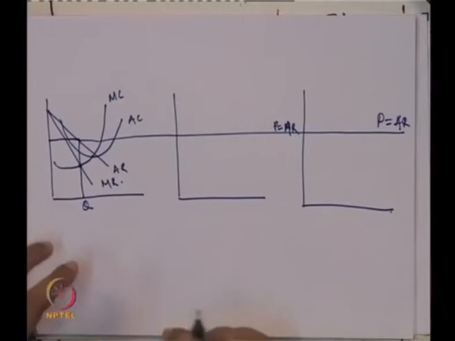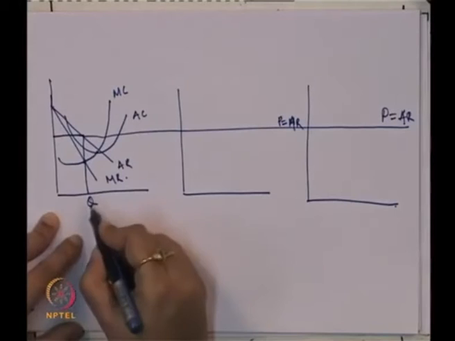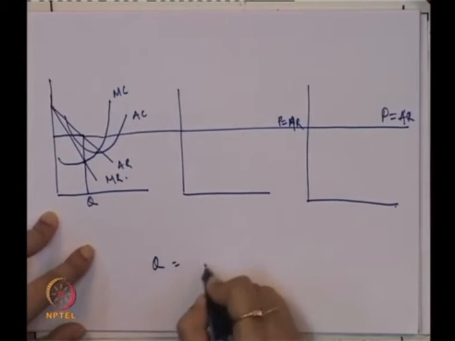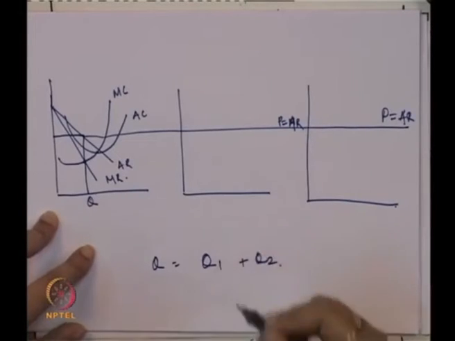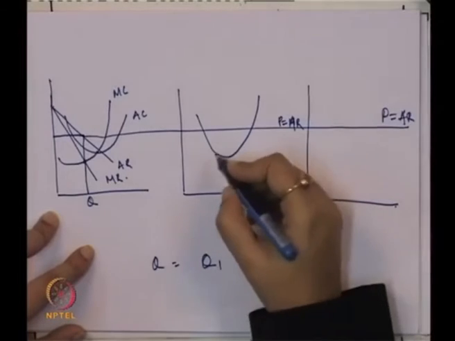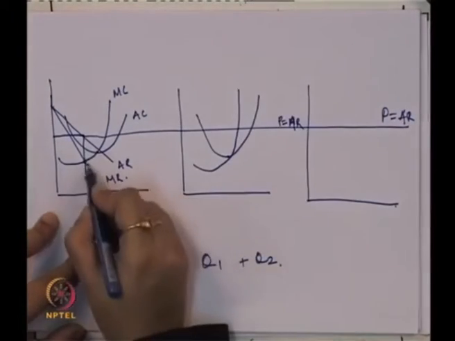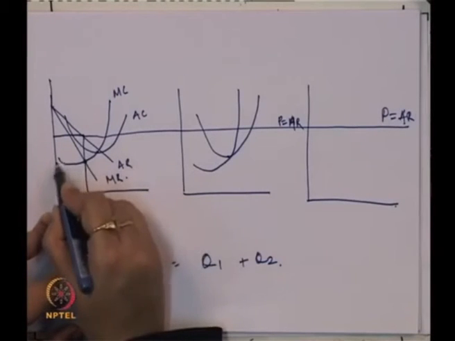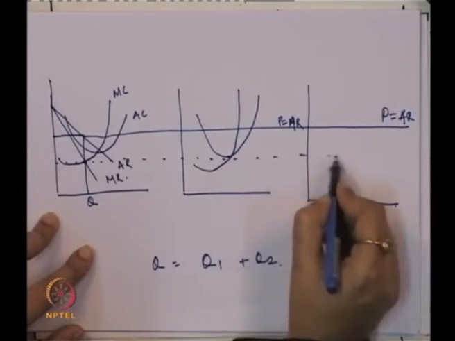Now, we will see how this Q is divided between plant 1, Q1, and plant 2, Q2. Now, suppose we have an average cost here and a marginal cost here. This is the point where there is an equalization of marginal cost and marginal revenue.